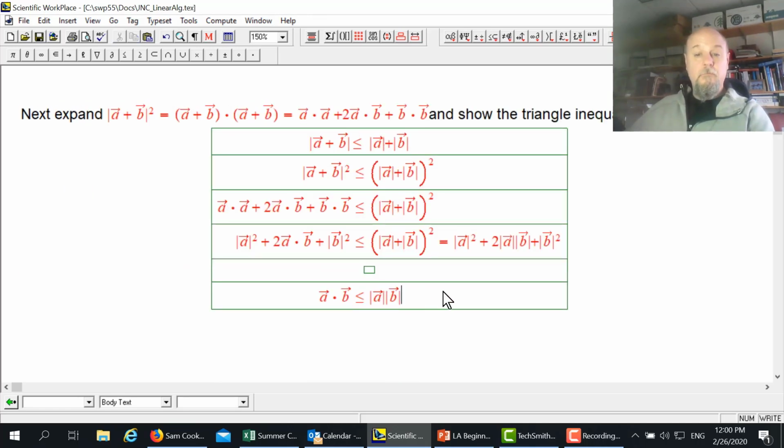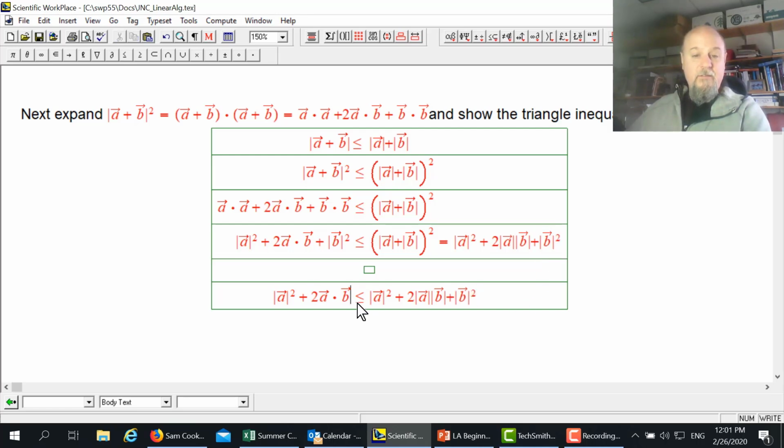That's true. So if that's true, then if I multiply both sides by 2, that's still true. If I add magnitude of A squared and magnitude of B squared to both sides, it's still an inequality. So I'm adding that to one side, and I'm adding that to the other side. Still an inequality because I added the same positive amount. You guys see where I'm going with this now.